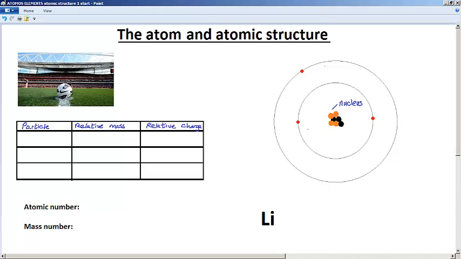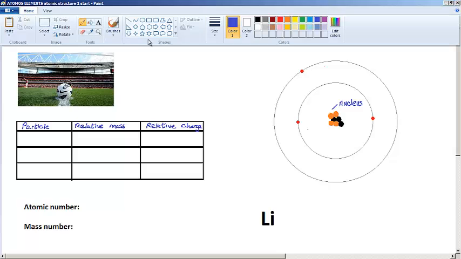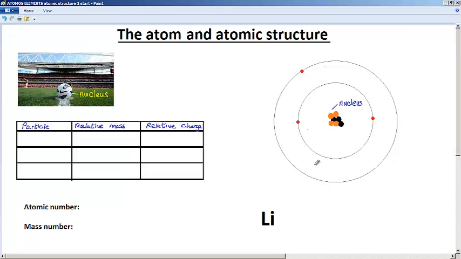of a football stadium. Well, this football represents the nucleus of an atom, and whizzing around on the outside of the atom we have electrons. In the case of lithium it has 3 electrons, and if we look at our football stadium model, the electrons would be in the stands.